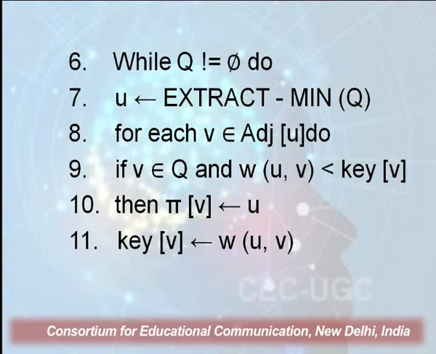So, we will be extracting the vertex with the minimum key, and for all the adjacent vertices of that particular minimum key vertex, we need to update the weights and the parent vertices if the condition is satisfied: the vertex belongs to Q, which is the min priority queue, and the weight of U comma V, where U is the extract min vertex, is less than the key of V. Then only we will update the weight as well as the parent vertex.